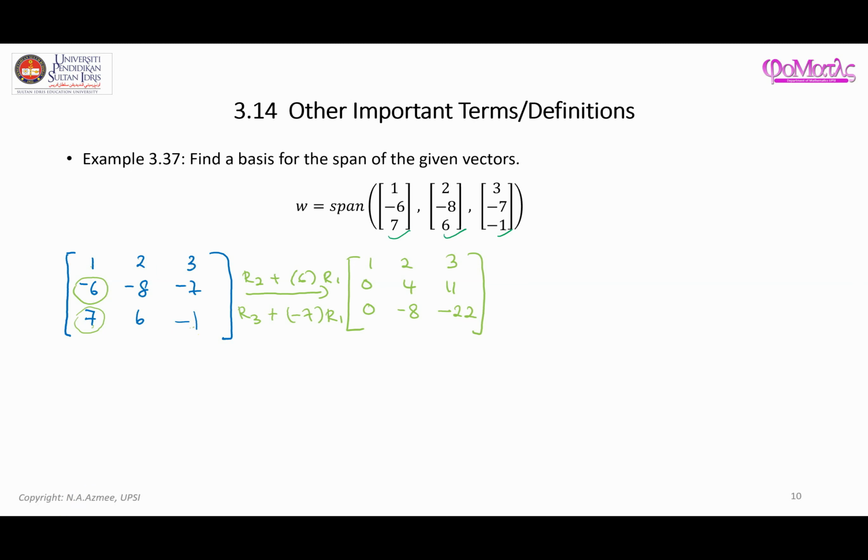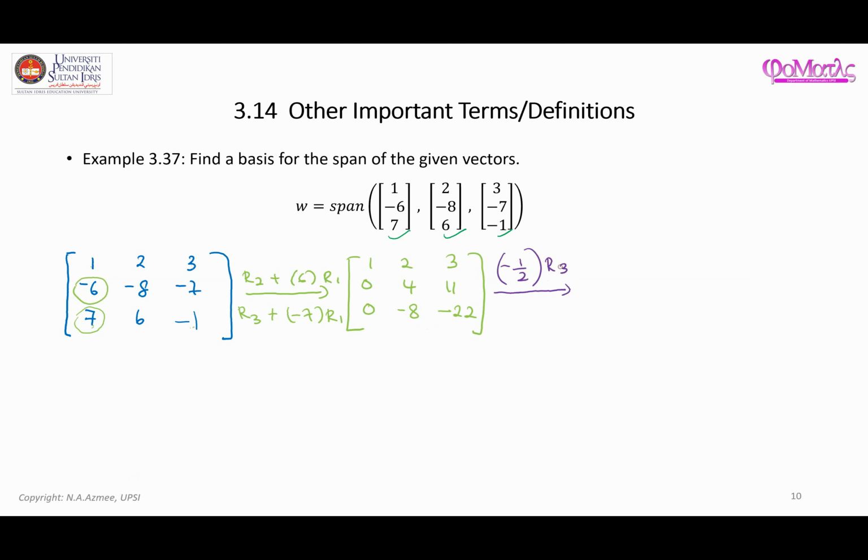Right. Next, I can consider dividing this part by 2, so that we can see this row is just 2 multiplied with the second row. So I'm just going to divide that by negative 2.